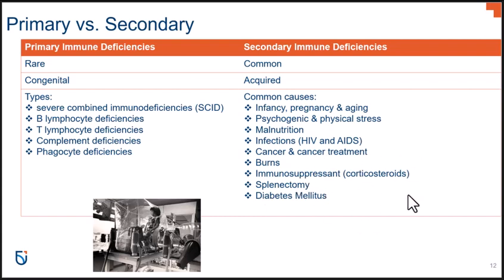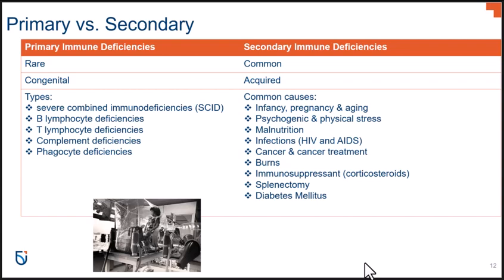So corticosteroids are used quite frequently for many different conditions, and they will reduce inflammation in the body, but it also reduces your immune system. Somebody who has their spleen removed, splenectomy, can also cause immune deficiencies, and people with diabetes mellitus. So this is not an exhaustive list by any means, but some common examples.